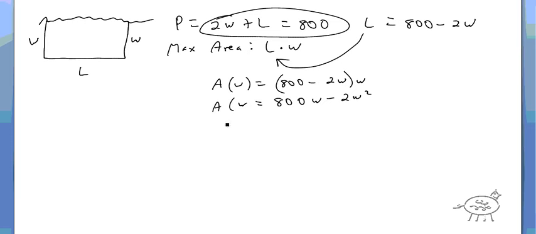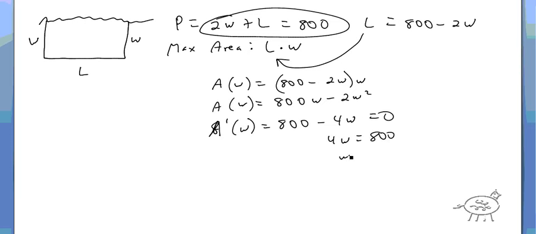All right, and then I take the derivative of that. A prime of W is equal to 800 minus 4W, and I set that equal to 0. So 4W equals 800, W equals 200 meters.